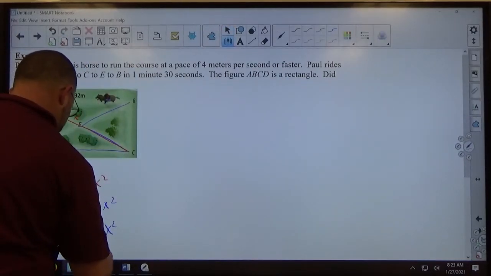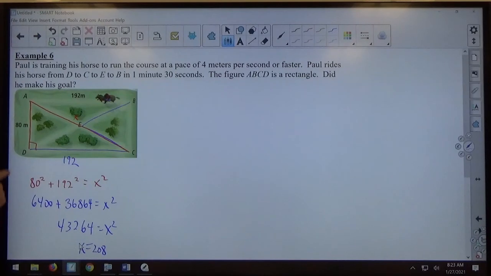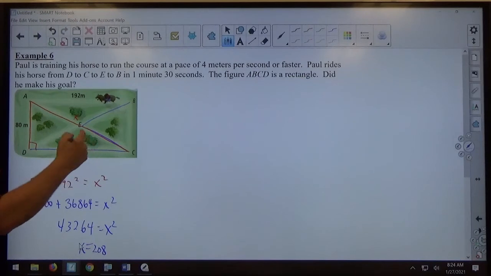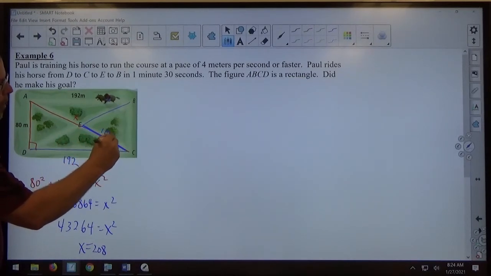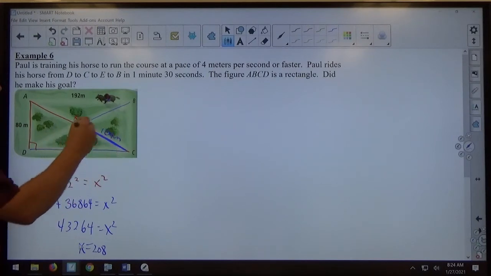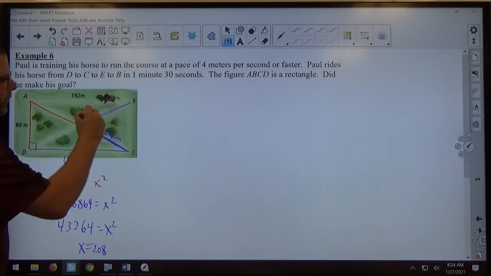X equals 208. So I know that AC is 208, so I know also that DB is 208, right? Because it's a rectangle, the diagonals are congruent. And if AC is 208, how long is EC? That's 104 meters. And then EB is going to be the same length then, right?